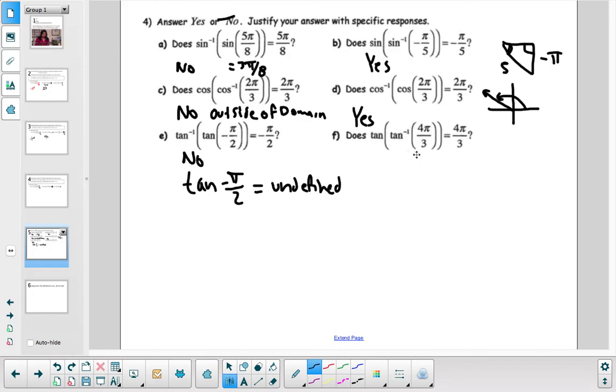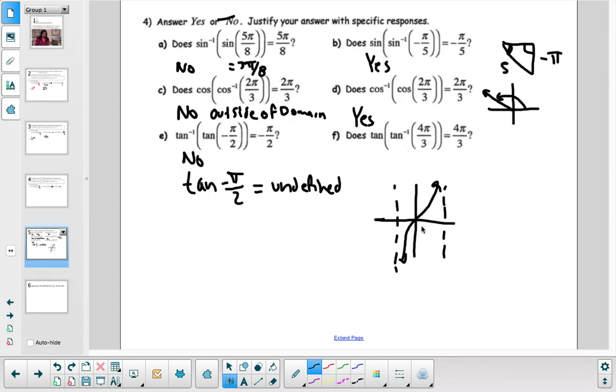Inverse tan of 4 pi over 3. Again, this is side relationships. And the nice part about tangent, or also inverse tan, is that it's unrestricted as far as it doesn't have to just be between negative 1 and 1. Tangent, if you remember, looks like this with some vertical asymptotes at negative pi over 2 and pi over 2.